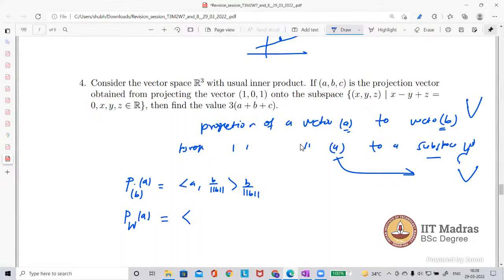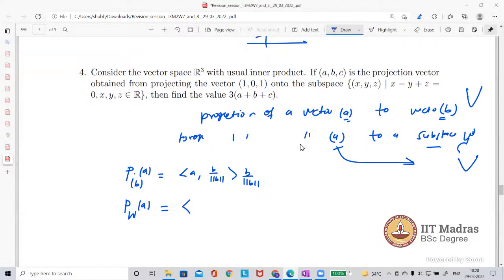So this needs to be remembered. So here the definition is defined on the basis of that subspace. Let's say V1 is a basis, V2 is a basis. See, the first one is the projection of A on B, right? The first one, projection of A on B. Yeah.